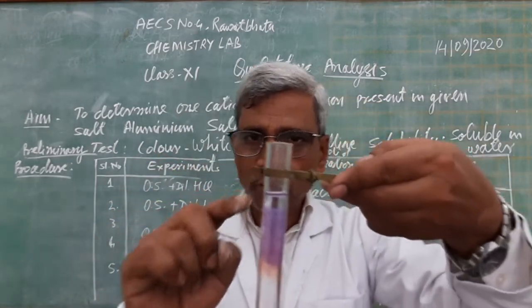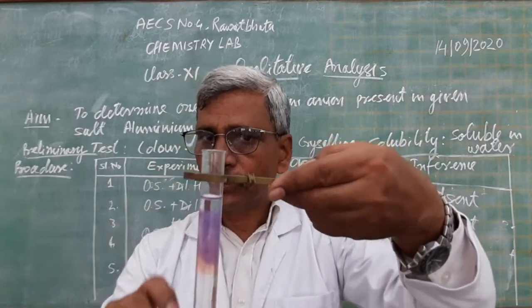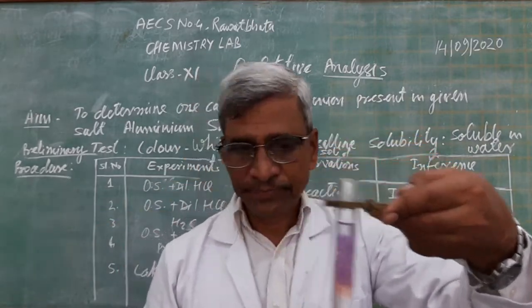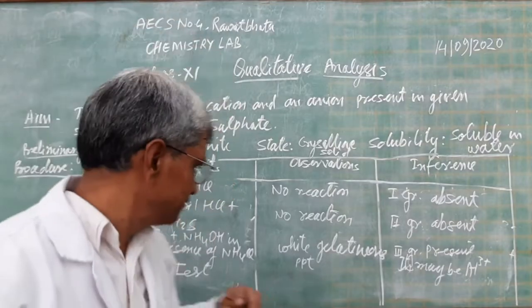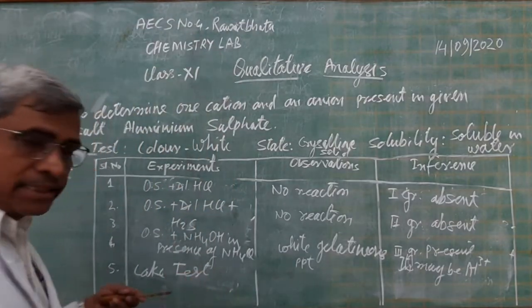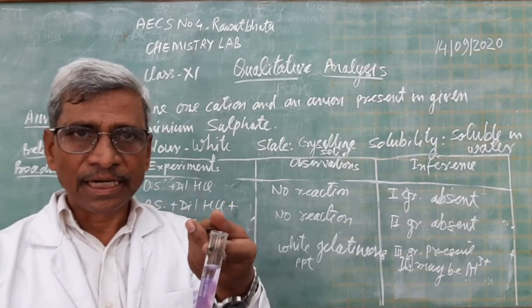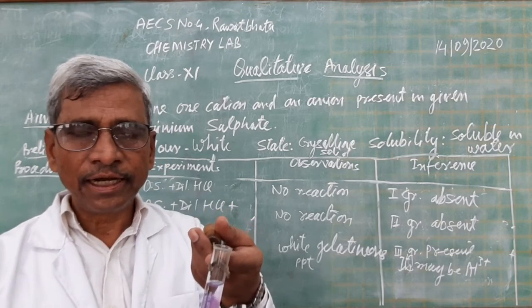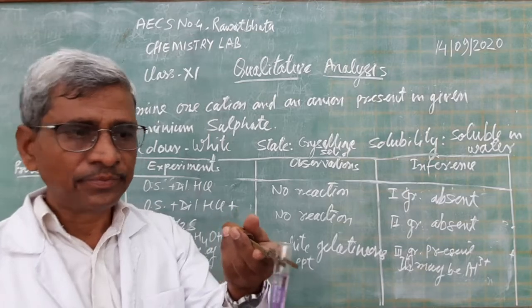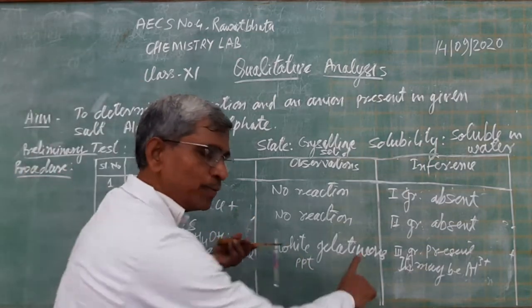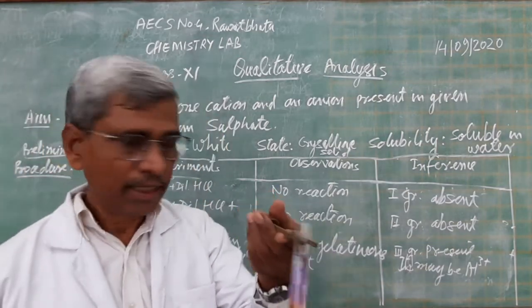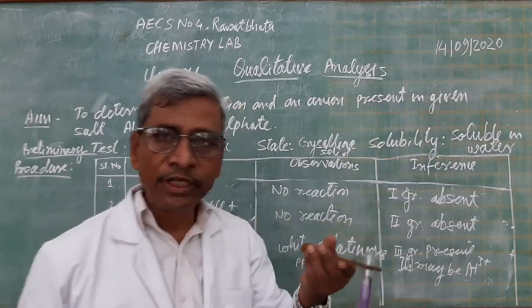Formation of a floating blue precipitate confirms the presence of aluminium. Here we can write: Lake test, original solution plus dilute HCl plus blue litmus solution and ammonium hydroxide. Observation: floating blue precipitate appears, and inference: aluminium is confirmed.